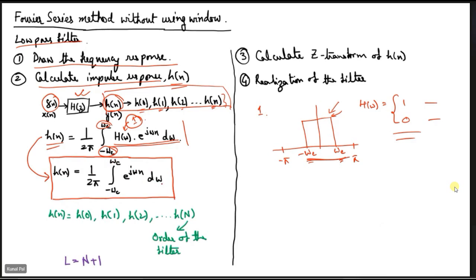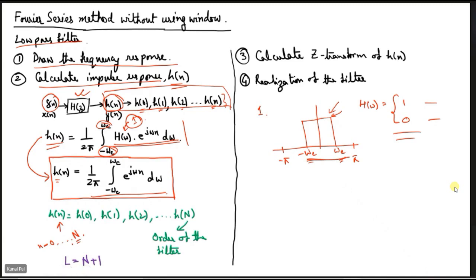And from here, you calculate the h of n values. You solve this equation and then change the values of n from, say, 0 to whatever the length or order has been given. In this case, I am keeping it as capital N, which is the order of the system.